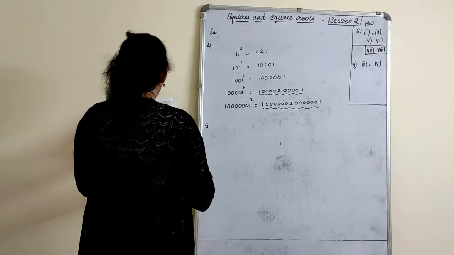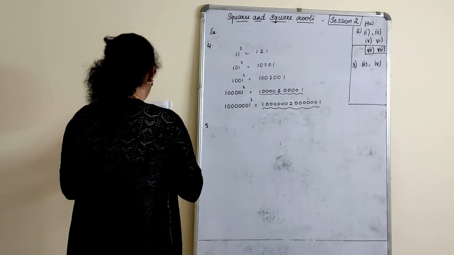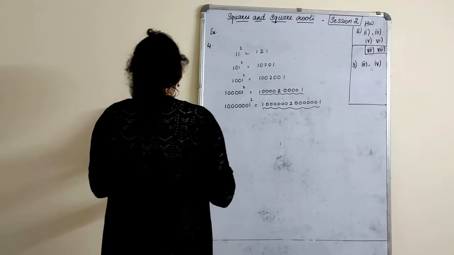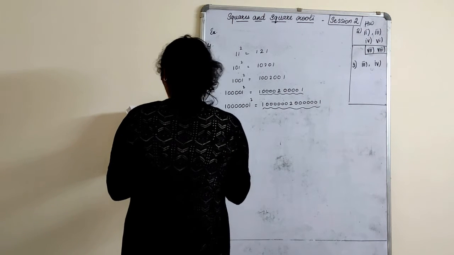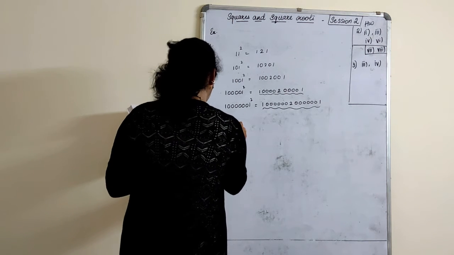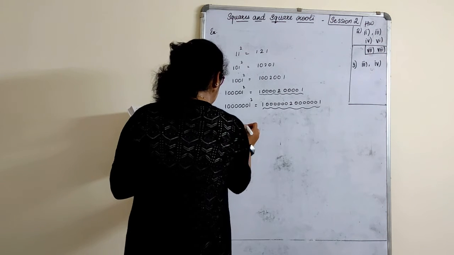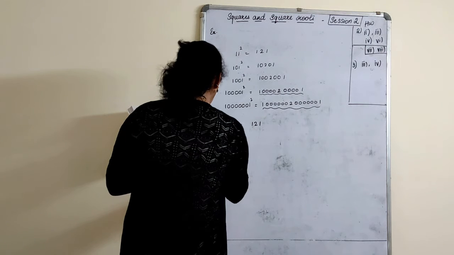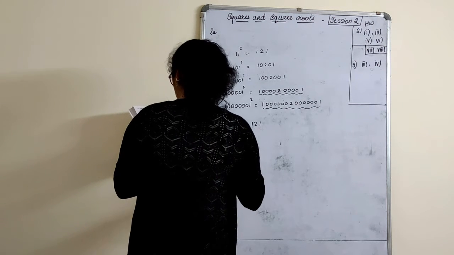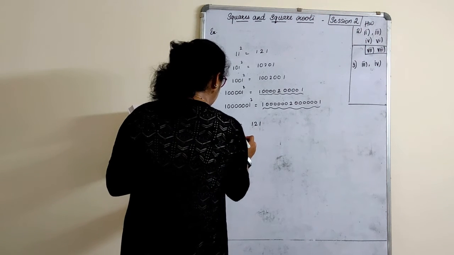Similarly, we have the fifth one also. Look at the fifth observation. Look at the next observation they have given here. Again, it starts with the same type of number. 11 square only. 11 square is 121. The next number is 101. So we again know what 101 whole square is.